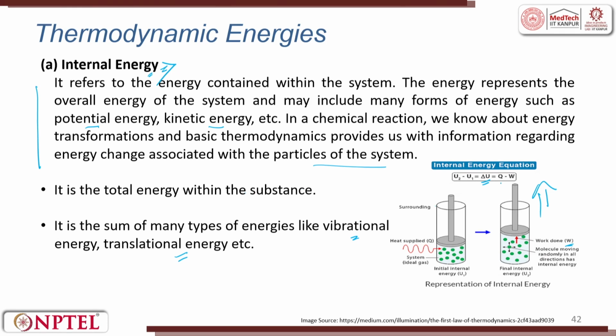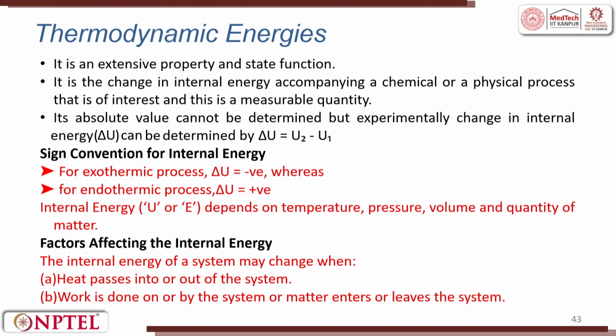Right. So, that is Q minus W. It is an extensive property and a state function. It is the change in internal energy accompanying a chemical or a physical process that is of interest, and this is a measurable quantity. Its absolute value cannot be determined, but the change in internal energy can be determined experimentally.